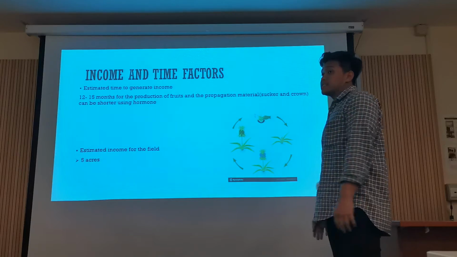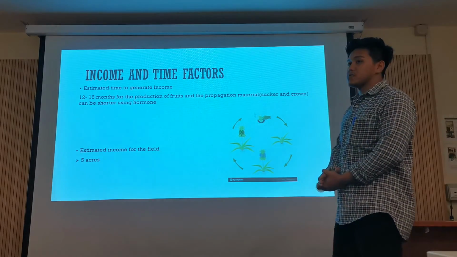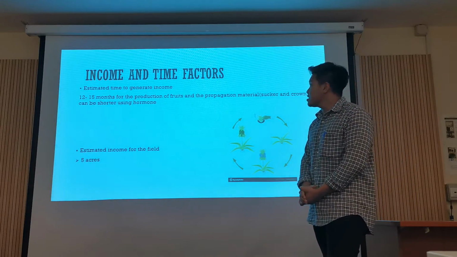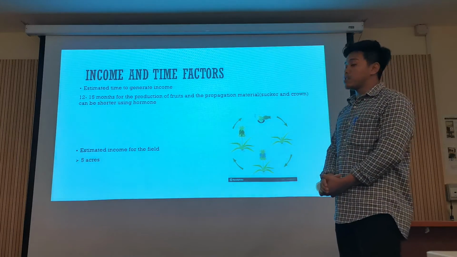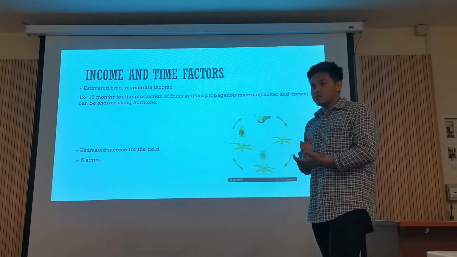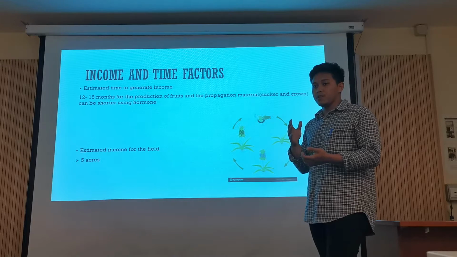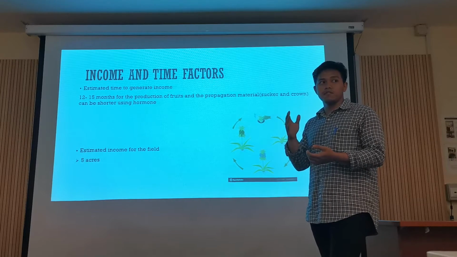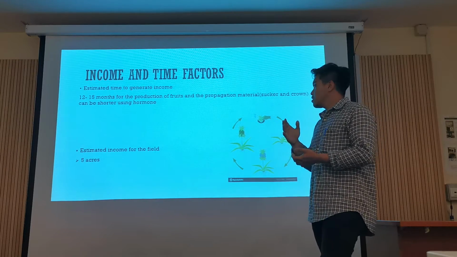The estimated time to generate income is about 12 to 15 months for the production of pineapple, because this is the time we are waiting for the pineapple to be harvested so we can sell the product.